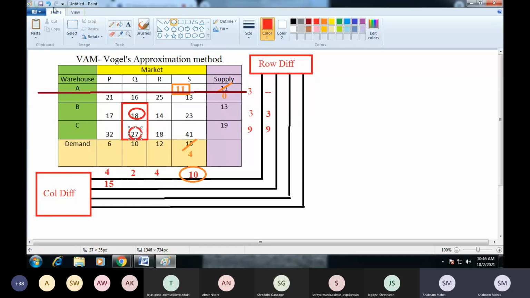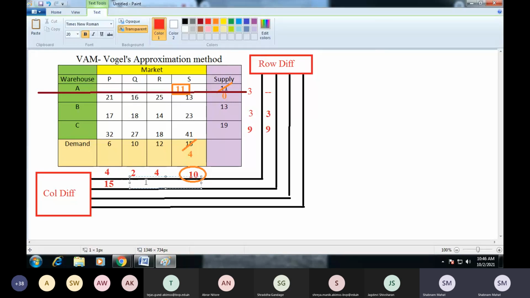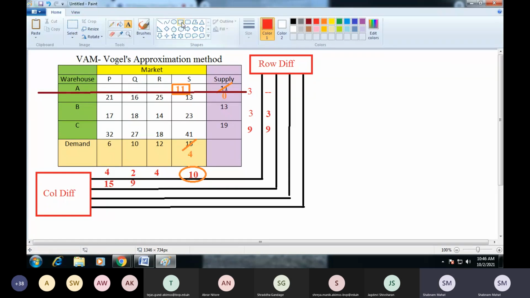Only two values remain there. When I find 27 minus 18, I get 9 as my penalty. Now check the penalty for the third column. 18 minus 14 is equal to 4. Write down 4 here.